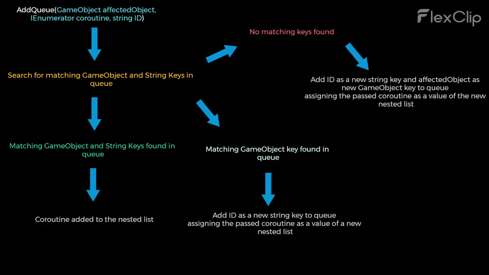If the queue has only a matching gameObject key, a new string key is created and assigned to the gameObject key's internal dictionary with a new list containing the coroutine assigned as a value. And of course, if neither keys are found, a new gameObject key is created within the queue, as is a new internal dictionary, in which a new string key is created and a new list containing the coroutine is assigned as a value.